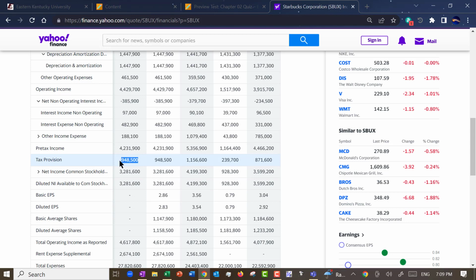Then tax provision. That doesn't necessarily mean that Starbucks actually paid that much tax. If they pay less than that, that's going to create a deferred tax asset.